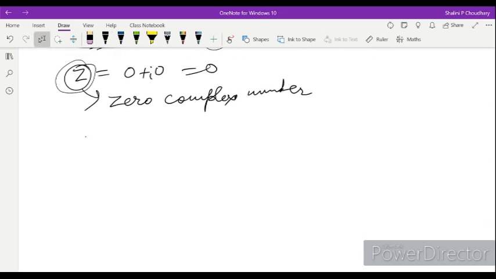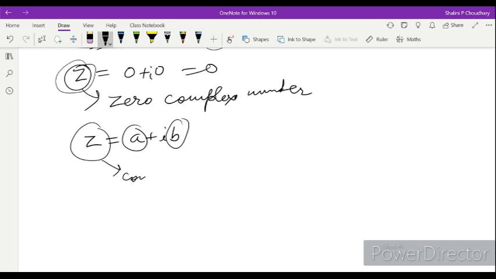And one more thing that we need to understand: Z is equal to A plus iB, where A is the real part, B is the imaginary part, and Z is a complex number, where A and B both belong to the real numbers. The real numbers are a subset of C, the set of complex numbers.